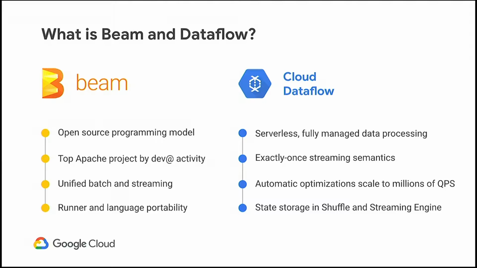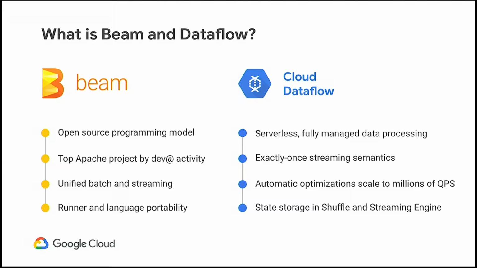You can run the same pipeline, the same binary in Cloud Dataflow on the Google Cloud, or you can run it on, let's say, Flink on premises or in a different cloud. And there are other runners that are being created and developed. And the other aspect of portability is language portability. So it actually has two portions of it, or two aspects of it.